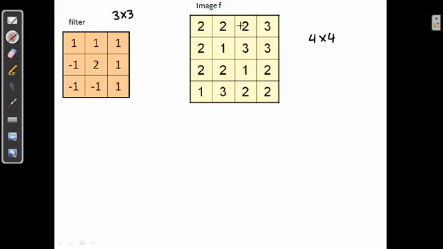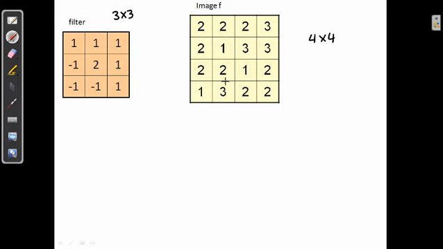You need to keep in mind that the dimension of the filter should be less than that of the image, and usually it would be 3 cross 3, 5 cross 5 or 9 cross 9. So here we have taken 3 cross 3.